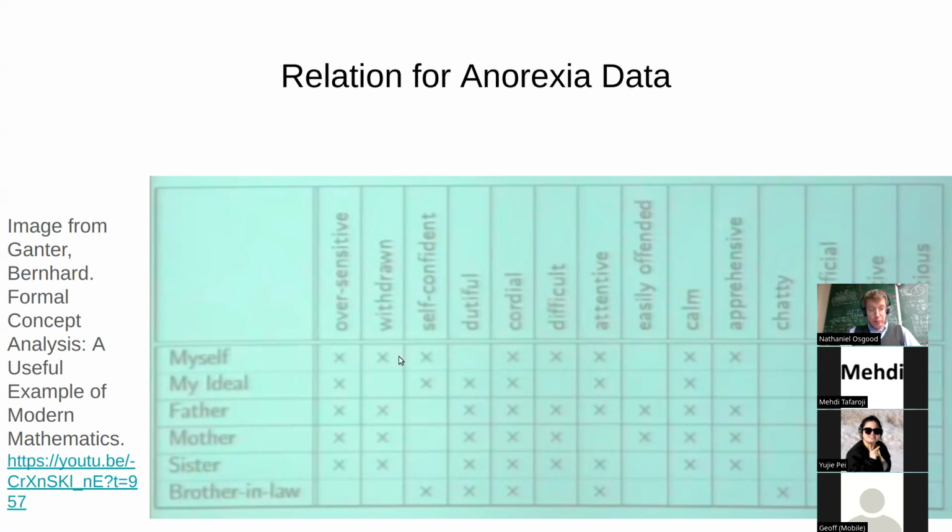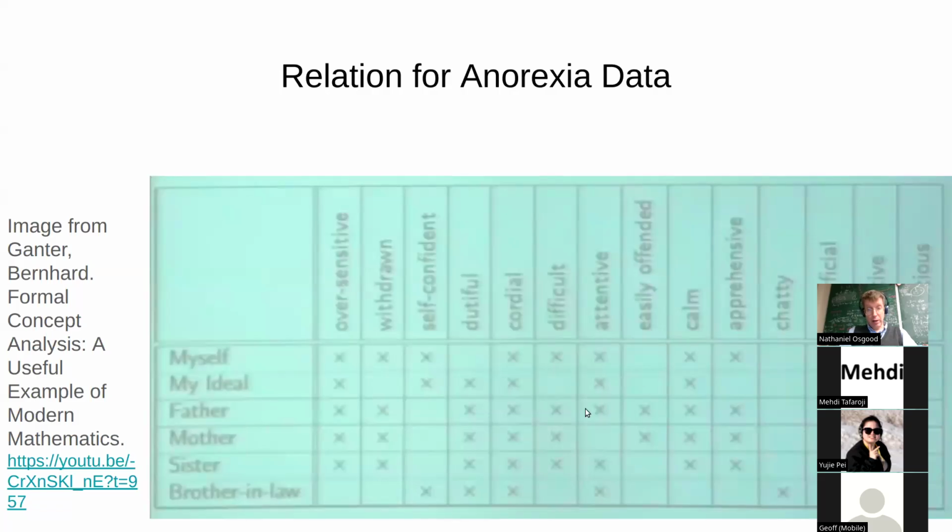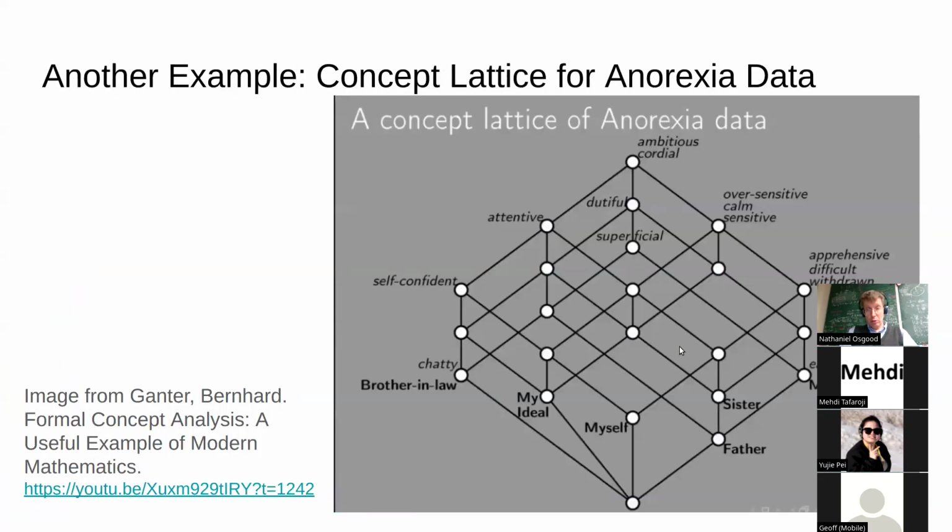And again, it's a relation: you have true or false for every pair of person and attribute. This is actually like their perceptions of their ideal, etc. And this is for patients suffering from anorexia. We can go and characterize a given relation in this sort of lattice way, in a way that gives insight into the structure.